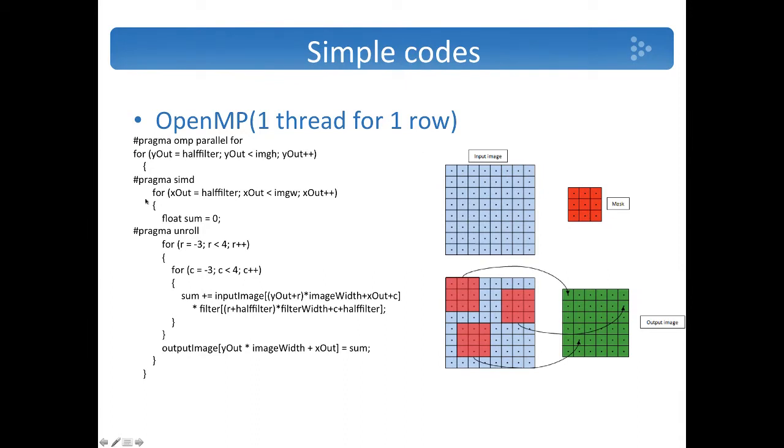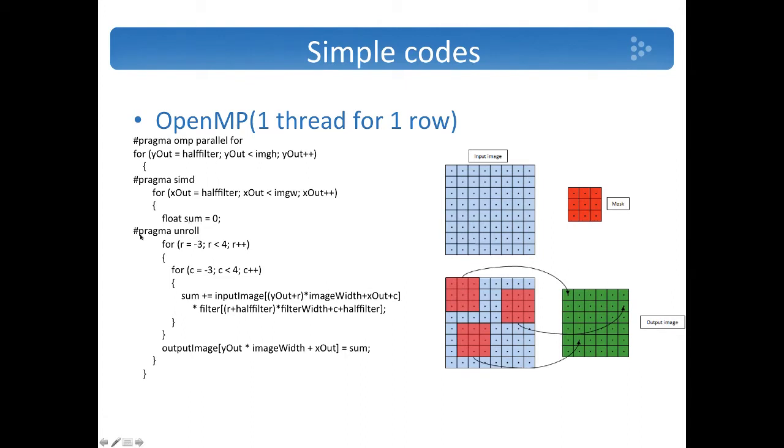So I put the pragma simd to tell the compiler that they don't have any dependence, so you can calculate them in SIMD units, and put a bunch of them, maybe 16, maybe more, into the vector unit and calculate at the same time.